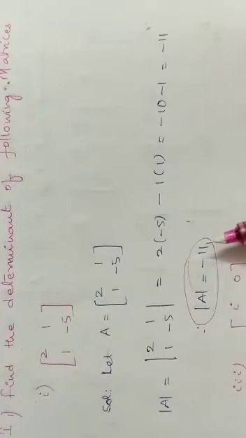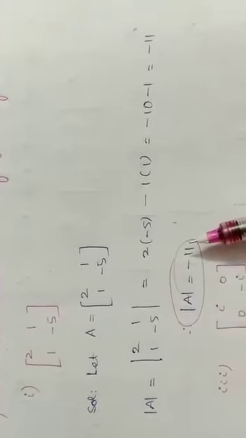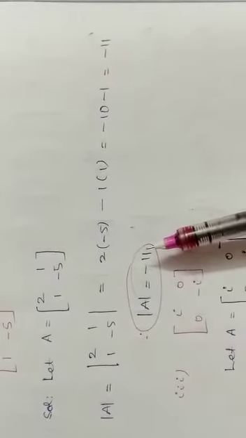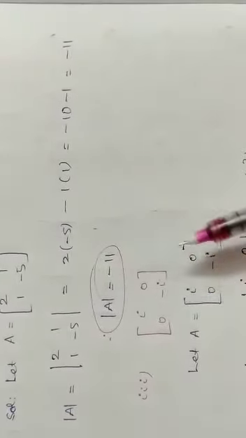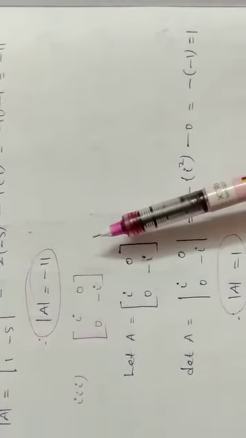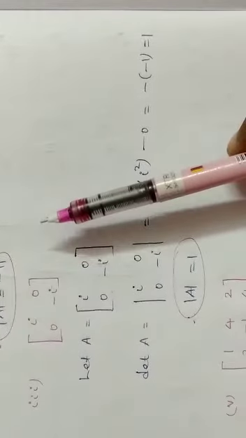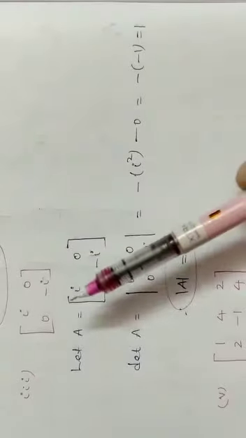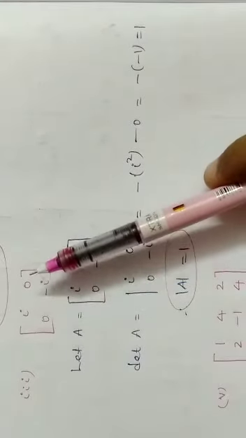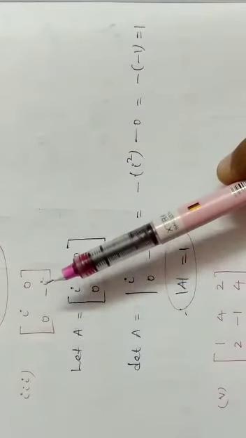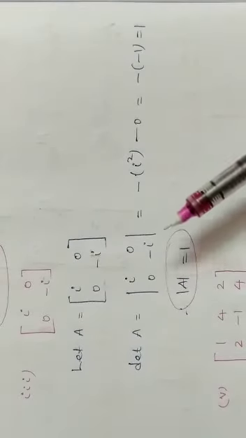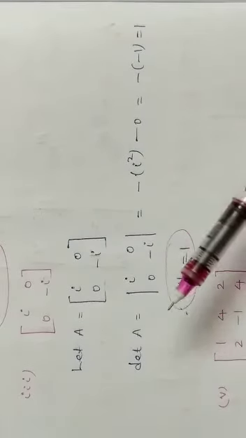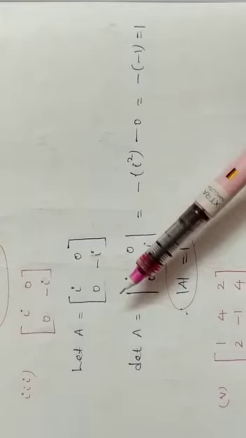One more problem on this 2 by 2 det. That is the matrix I, 0, 0, minus I. How to find its det?